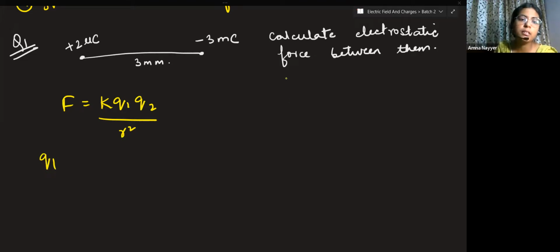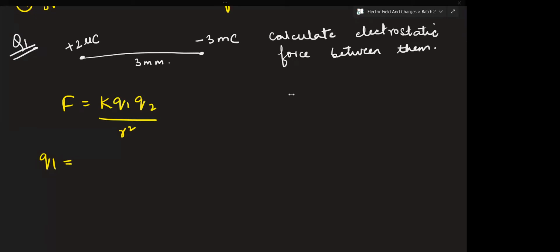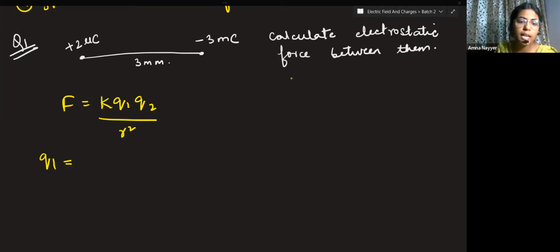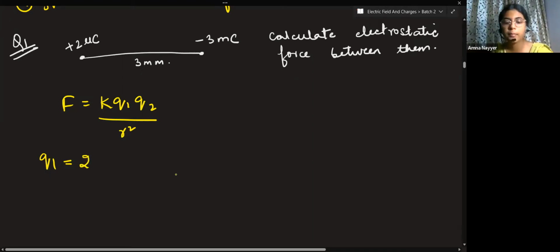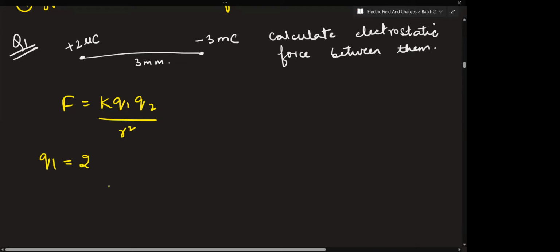Hamza, you tell me, what is the value of Q1? Ma'am, +2. Only 2? Can I write this? Is it in SI unit, Hamza? No, ma'am. So how do I convert it into SI unit?